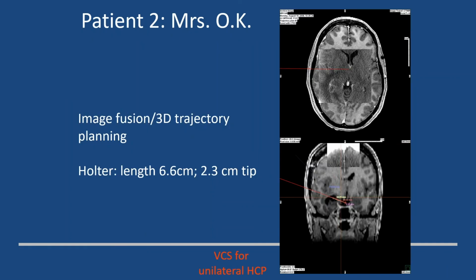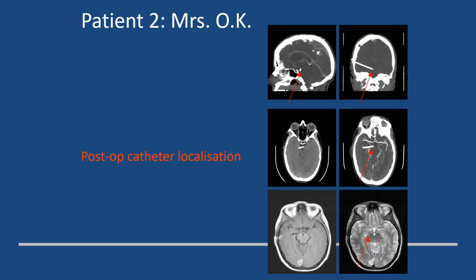This is just another case showing you the technique of a trapped ventricle drained into the prepontine cistern. And in this case, that's why I'm showing it, we also did an intraop CT angio, which you can do with the BodyTom, to show that we didn't cause any vascular compromise either.